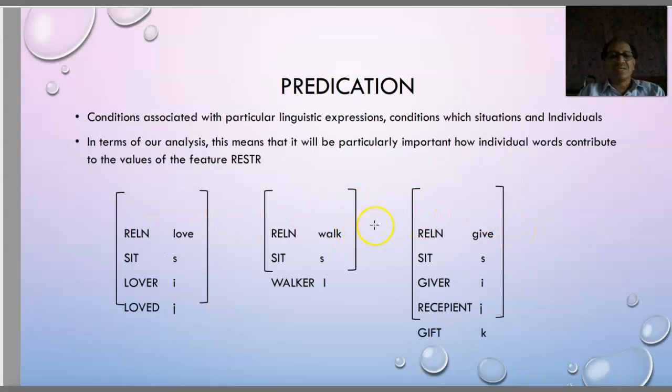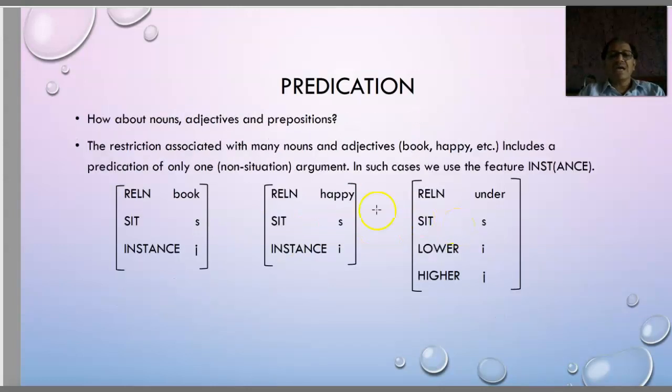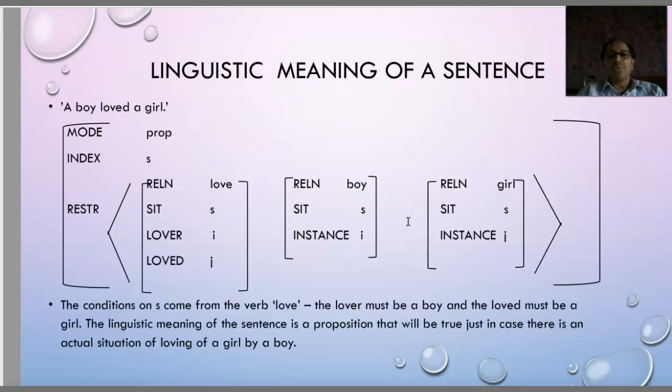Look at the verb love, walk, give, and the noun book, the adjective happy, and the preposition under. These words and these features contribute to the conditions in the relation. How? Take a sentence like a boy loved a girl.